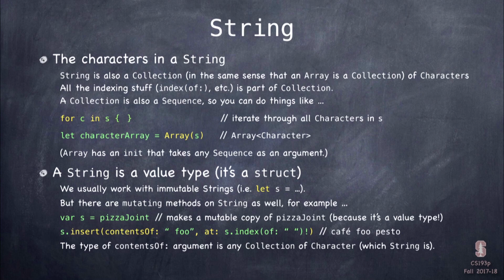Insert the contents of a collection of characters, which string is, at an index. So in this case, it's index of space. That's got to be a String.Index right there. And so I can insert the word foo into Cafe Pesto. So you can do this. We don't do this that much. We tend to just use them immutably, and we use plus to add them together and stuff like that.